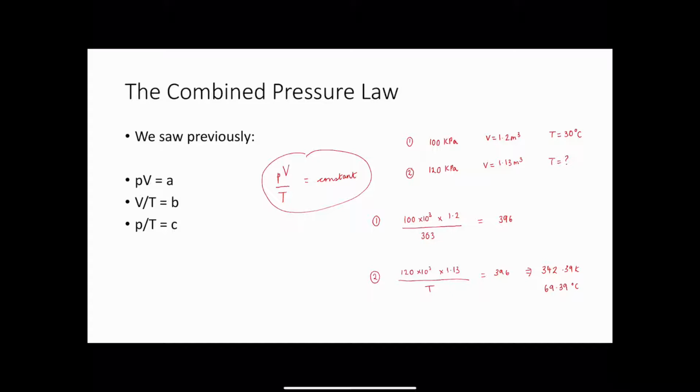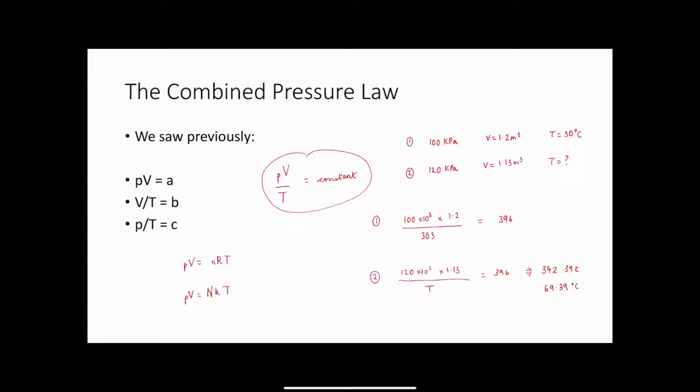So you're given the following: PV equals nRT. That's one equation that you're given on your data sheet. You're also given the following: PV equals big N kT. So those are the two equations that you're given on your data sheet.